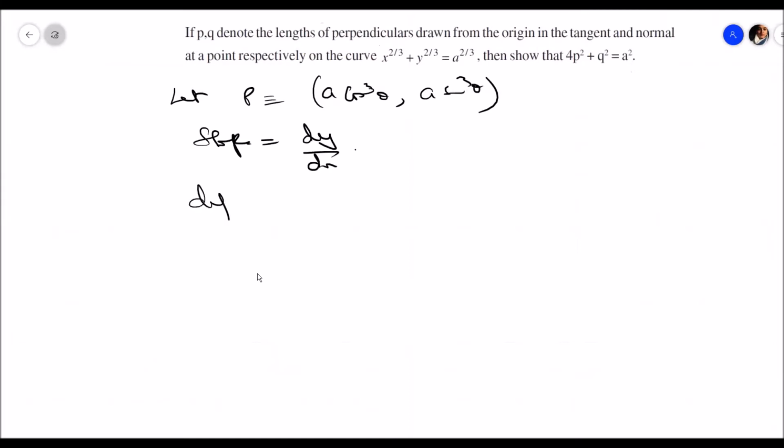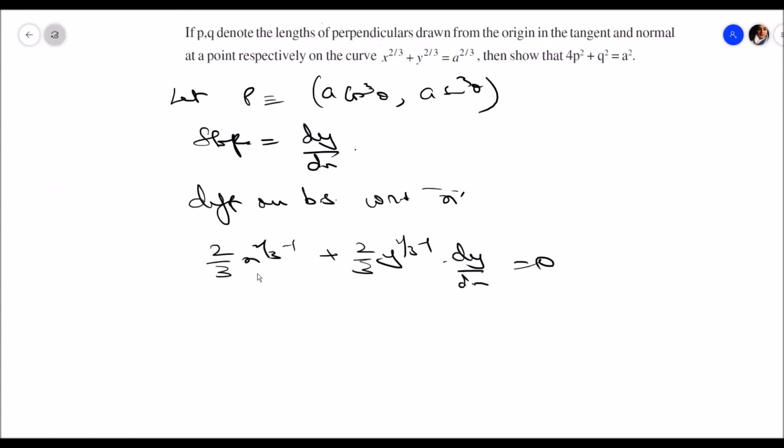For that I need to differentiate on both sides with respect to x, which will give me 2 by 3 x to the power of 2 by 3 minus 1, plus 2 by 3 y to the power of 2 by 3 minus 1 into dy by dx is equal to 0 because a is a constant, right? So dy by dx will be minus y to the power of 1 by 3 by x to the power of 1 by 3. This is the slope, right?